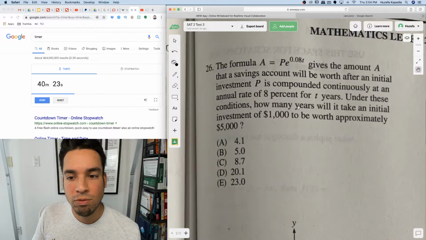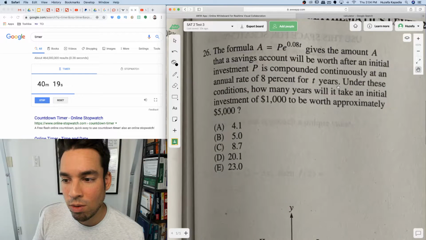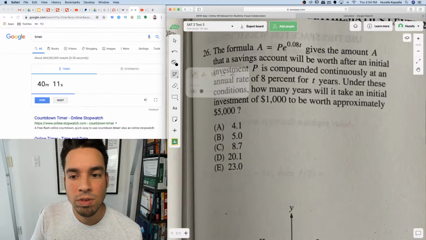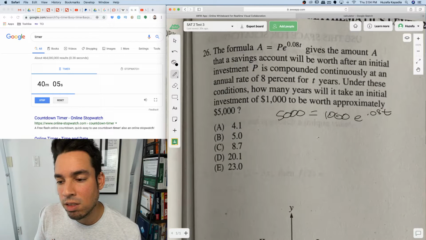Formula A equals blank, blank, blank. So a savings account will be worth this after an initial investment. Okay, whatever. How many years will it take, which is t, for an initial investment of 1,000 to be worth 5,000? So we got 5,000 equals 1,000 e to the 0.08 t, and we're solving for t. Divide by 1,000. 5 equals e to the 0.08 t.